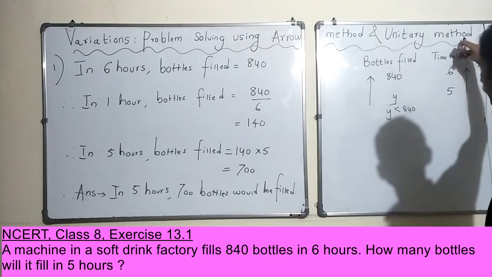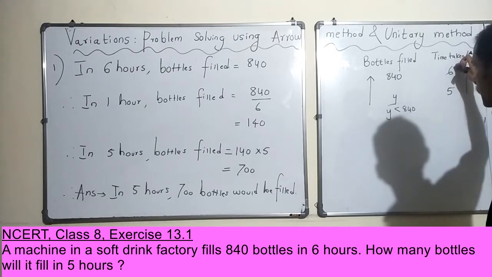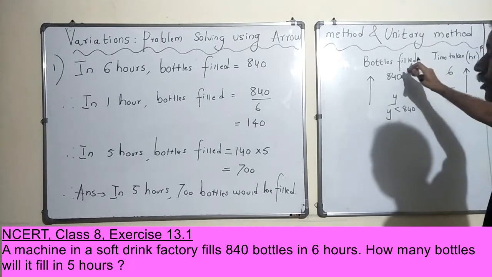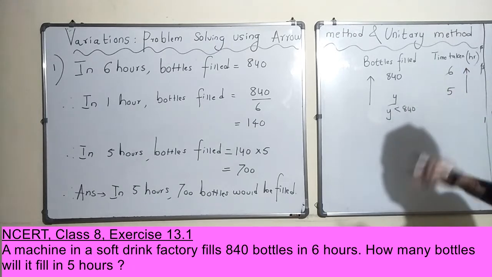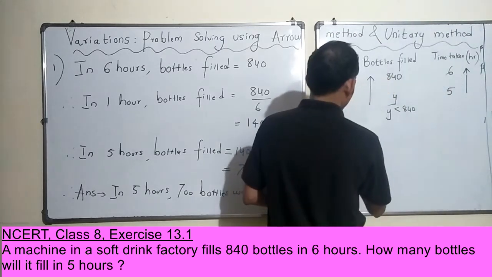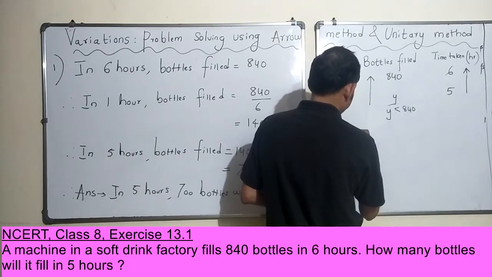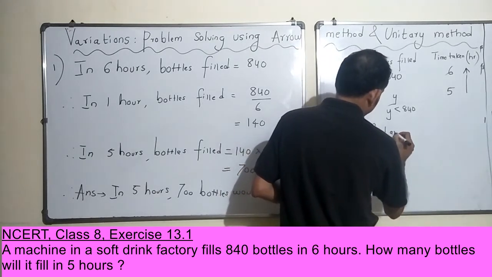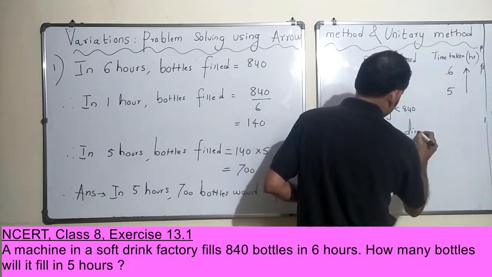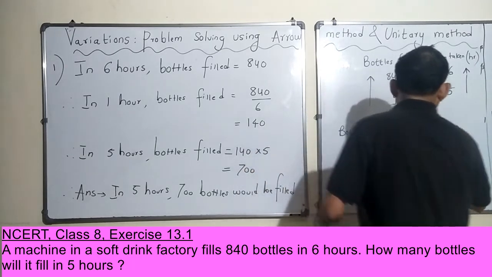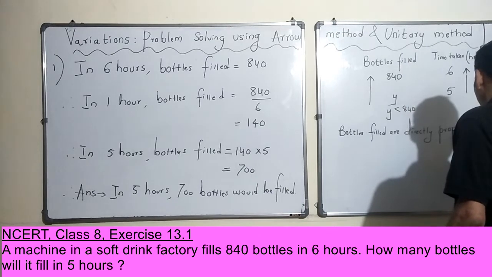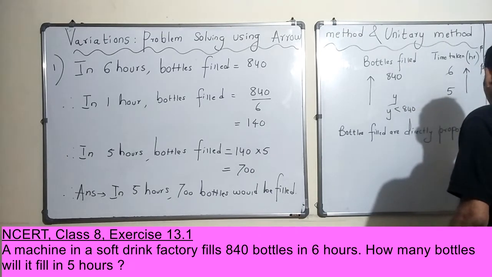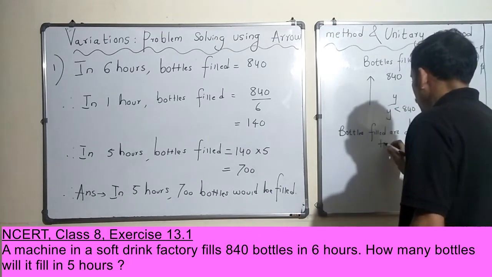If the time is reduced from 6 to 5, the bottles filled will also reduce from 840 to something less than 840. So bottles filled are directly proportional to time.